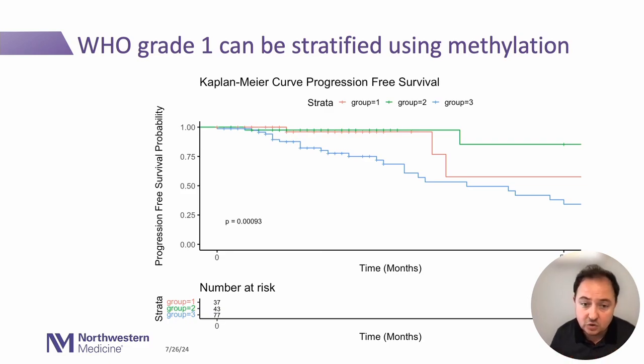This is what the curve shows, and we have a very strong p-value showing the distinction between those survival samples, showing that methylation can stratify WHO grade 1 samples according to survival. Which is really exciting.